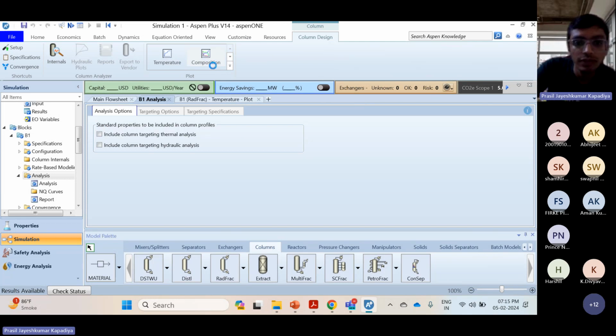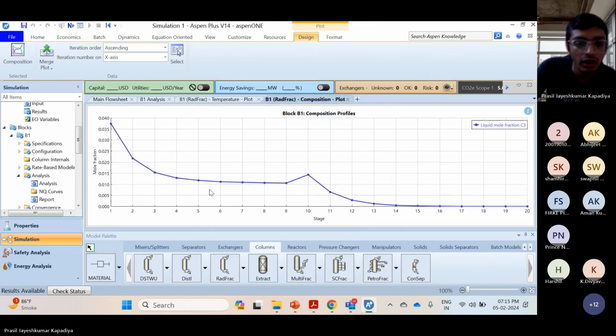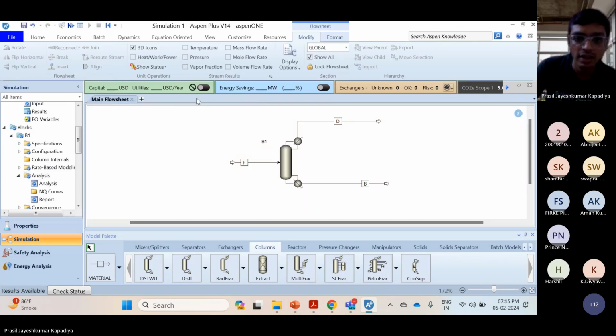What if we see composition of C3? So in bottoms, it's negligible. It's highest on top. So I guess you understood how to play with these tools. Am I right?